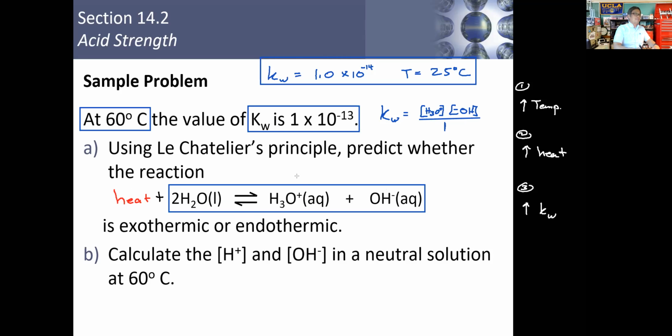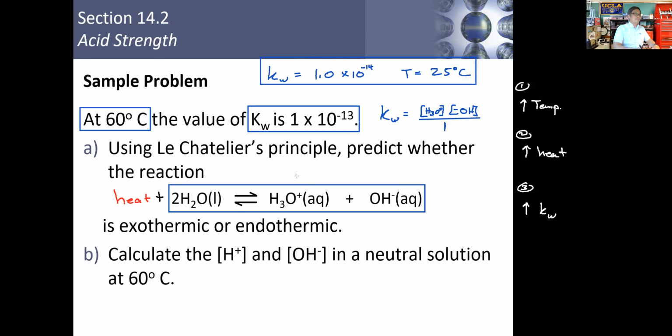That this reaction is an endothermic reaction. And so the autoionization of water is an endothermic reaction because heat is a reactant. When you increase the amount of heat, equilibrium will shift towards the right, towards the product, causing the Kw to increase.